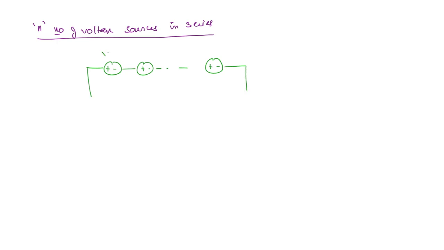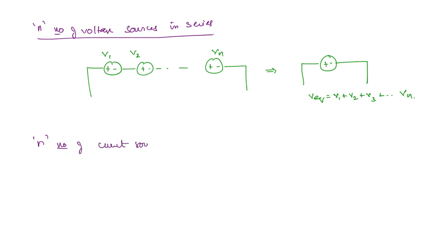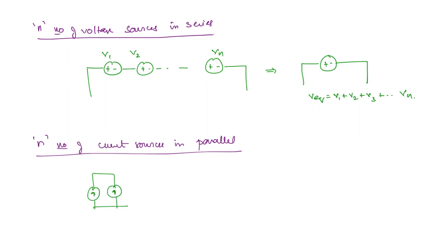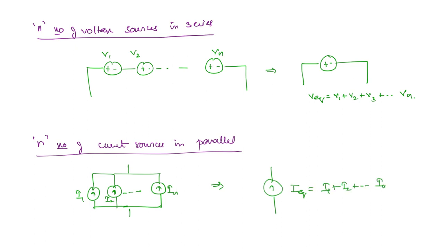Similarly, when you have n current sources in parallel, I1, I2 and so on up to In, you can represent them with an equivalent current source, which is the algebraic sum of all of the individual current sources.